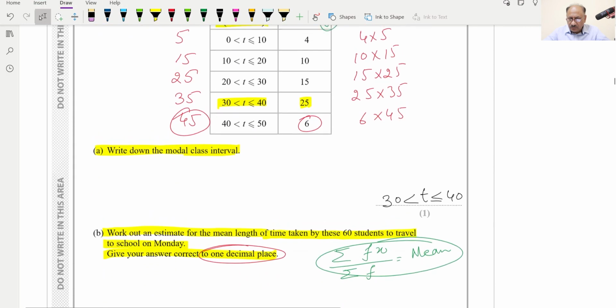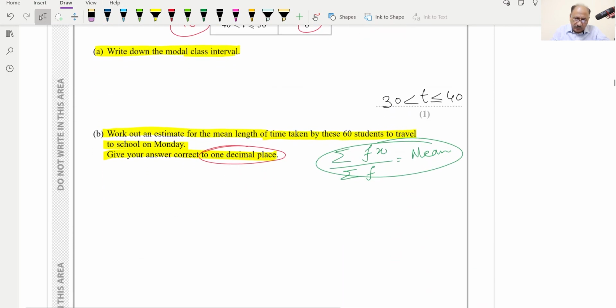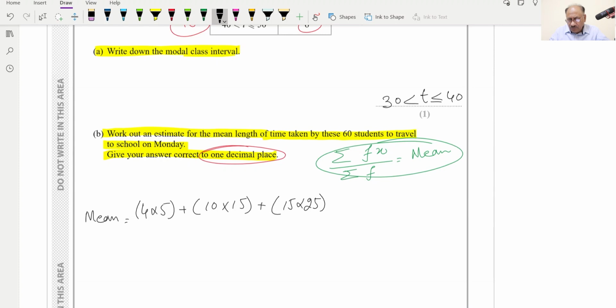Now we can write these values in the format to find the mean. The mean will be equal to 4 multiplied by 5 plus 10 multiplied by 15 plus 15 multiplied by 25 plus 25 multiplied by 35, and the last value is 6 multiplied by 45.